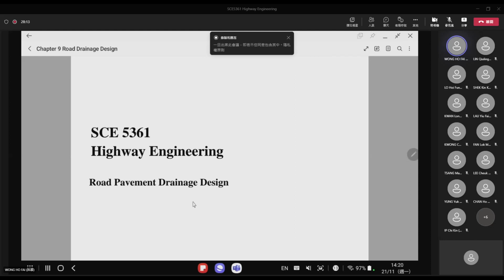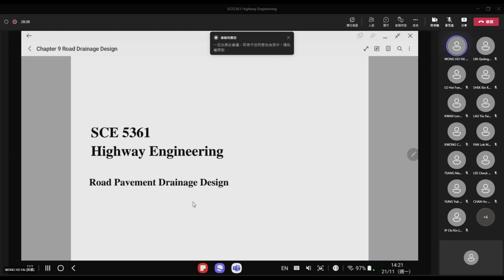And then it's a question of how to put our drainage system on the road. Well, if you are crossing the road, I think you can see some gullies on the road. Those gullies are the way they collect the rainfall on the road.